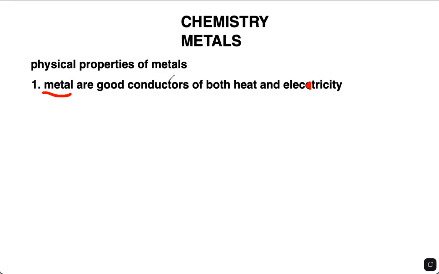Or maybe I should have said some metals are good conductors of both heat and electricity. Elements such as lead, elements such as titanium, some of these are least conducting metals when it comes to these physical properties.